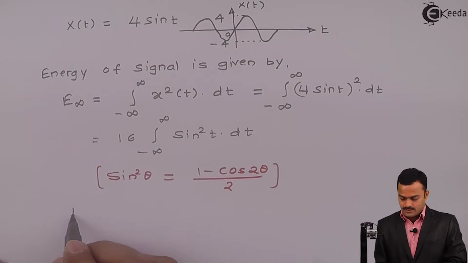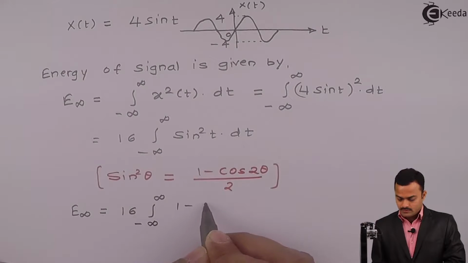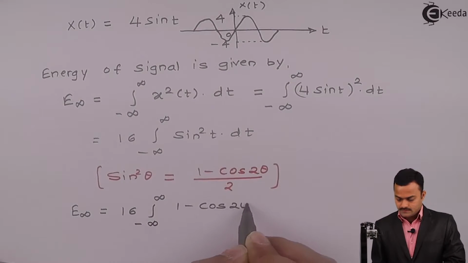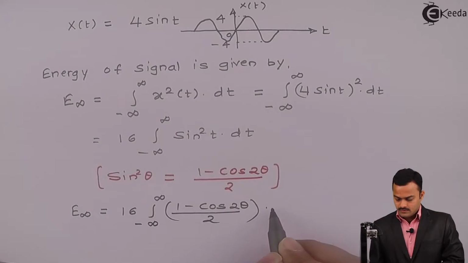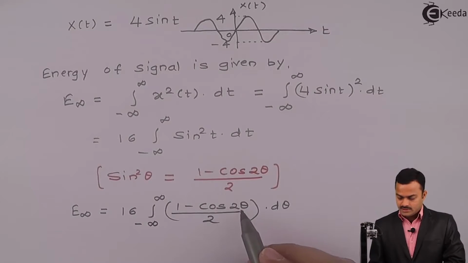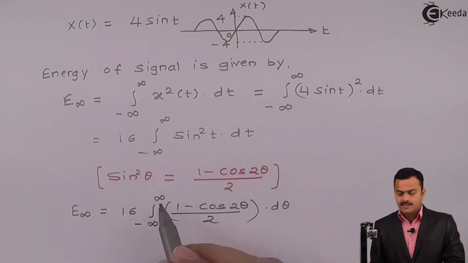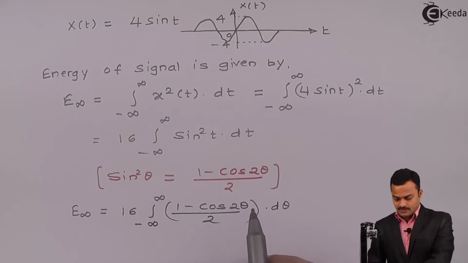If I do that, I will get E infinity as 16 integral minus infinity to infinity of 1 minus cos 2 theta upon 2 d theta. Here, instead of t, I have taken theta, one and the same thing because it's a definite integral. In the next step, I will take t instead of theta.